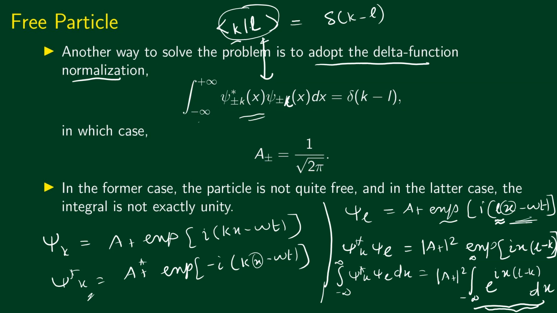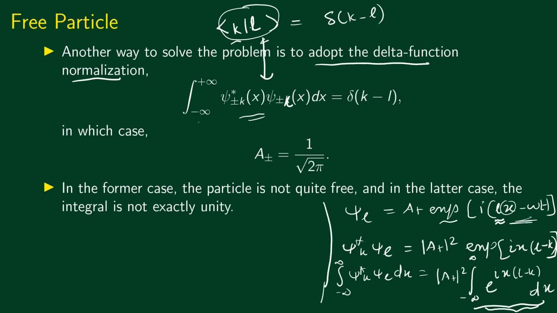Because we know that the integral from minus infinity to infinity of exponential i x k minus L dx is equal to 2 pi delta k minus L. This is something that you have to remember. If you don't know this already, just take this opportunity to memorize this. This is an important representation of the Dirac delta.